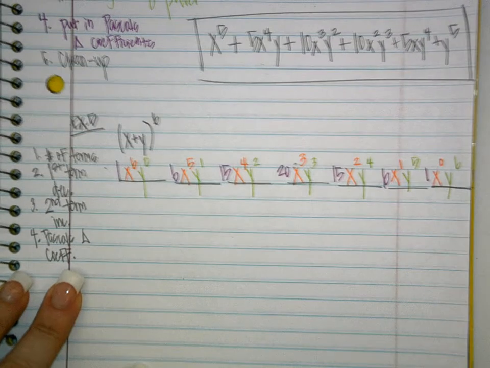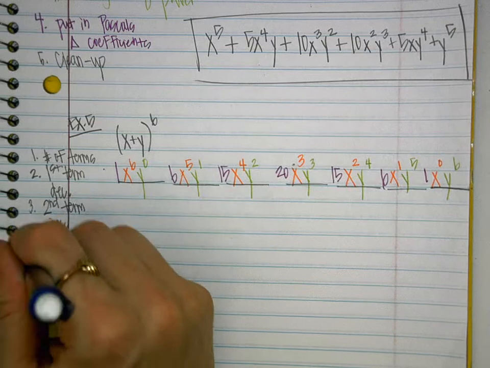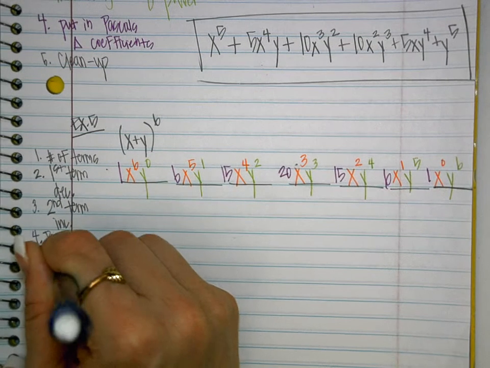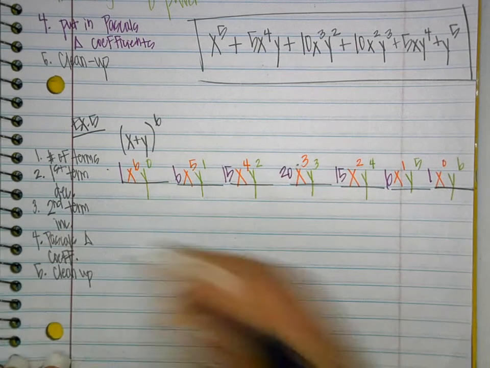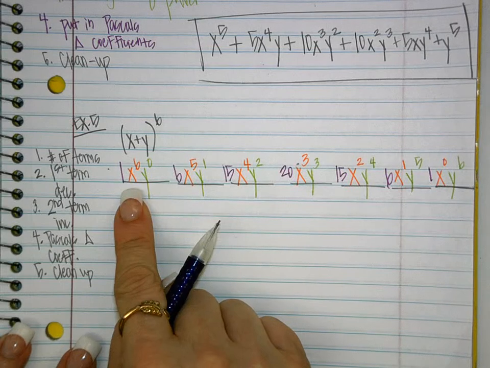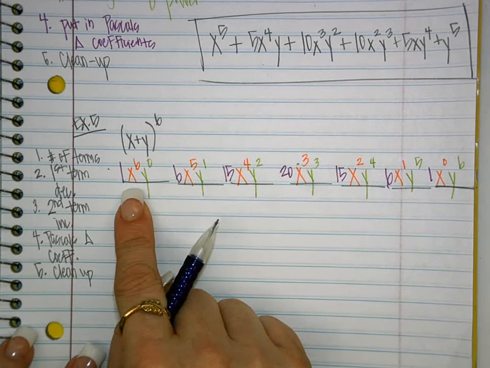And then the last step is to clean up. Okay? So if we clean this up, the 1 is basically going to go away. The y to the 0 is basically going to go away.